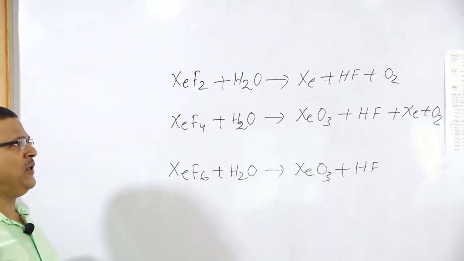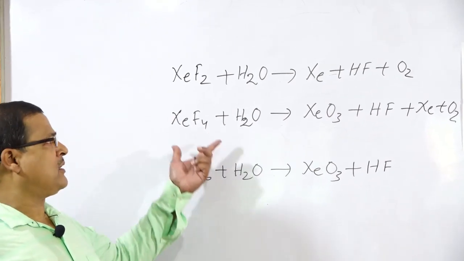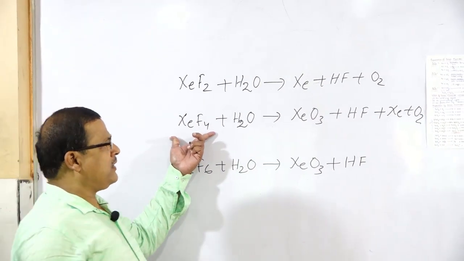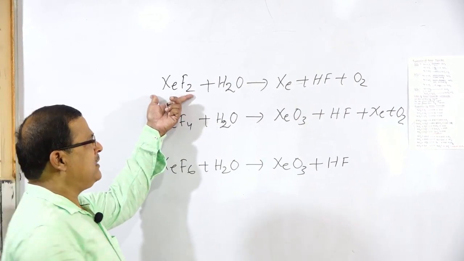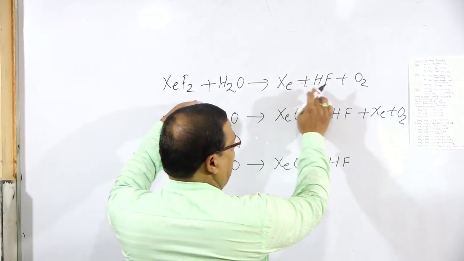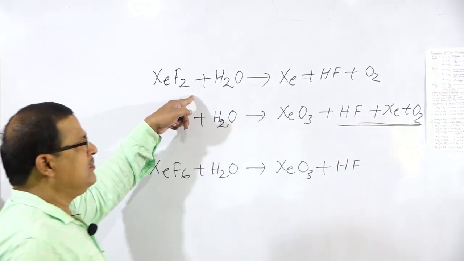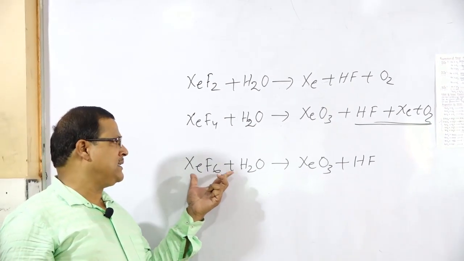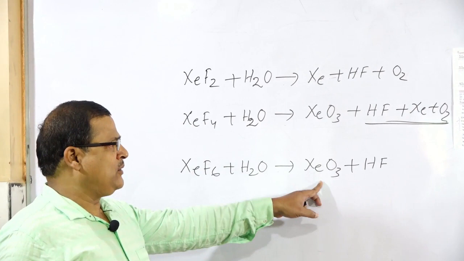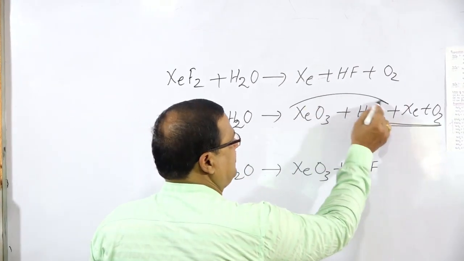So the hydrolysis products of xenon tetrafluoride contain the hydrolysis products of xenon difluoride, that is Xe, HF and O2, and also contain the hydrolysis product of xenon hexafluoride, XeO3 and HF.